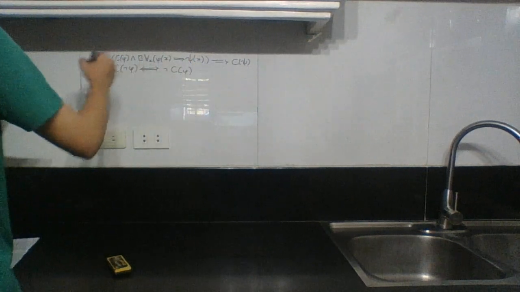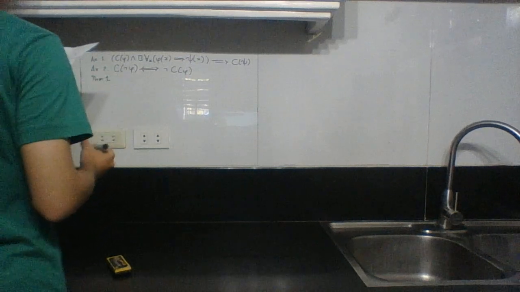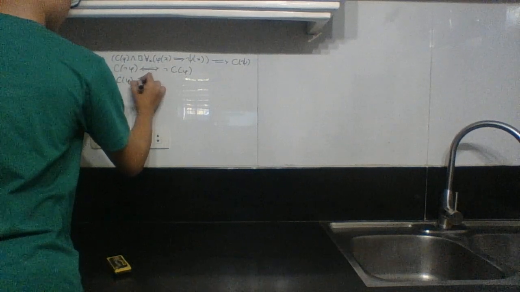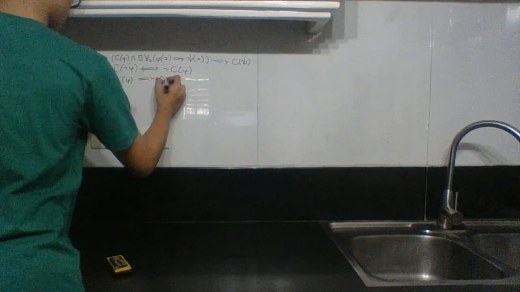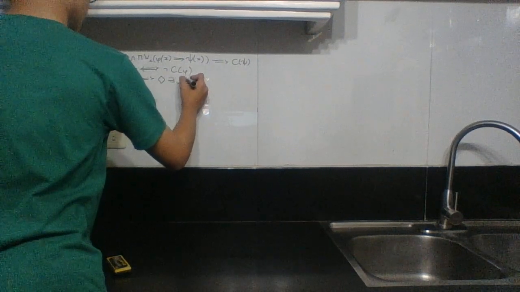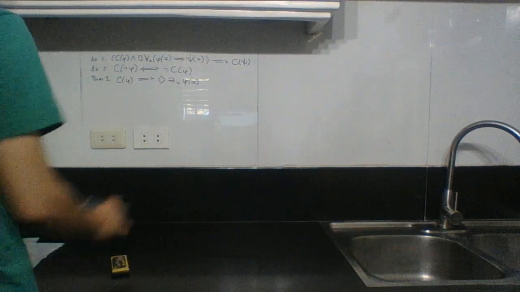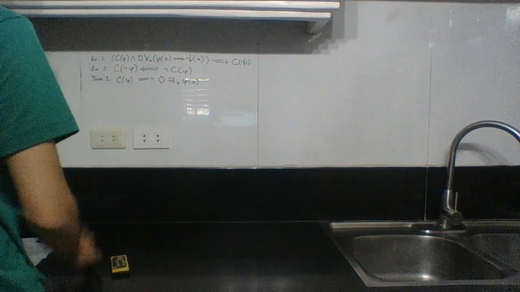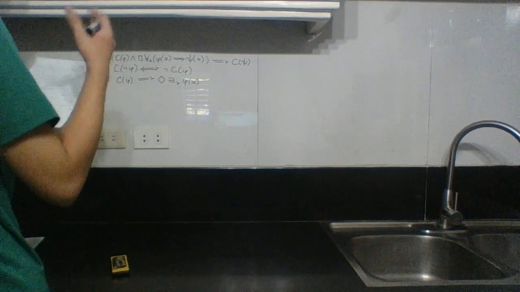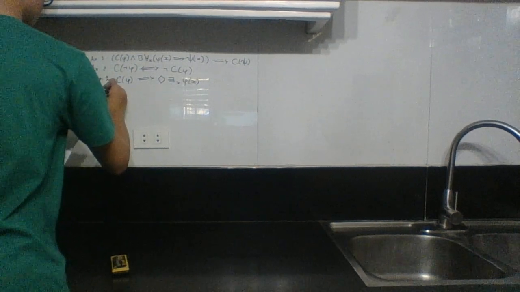So only one of these can be true. Okay, Theorem 1: C of phi implies that it's possible that there exists an x that contains this property. So phi of x means that x satisfies that property, or by satisfies, I mean it has that property.